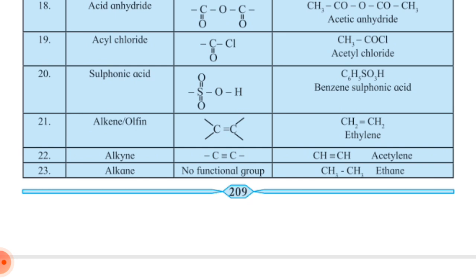Alkene or olefin, C double bond C, CH2 double bond CH2, ethylene. Alkyne, C triple bond C, CH triple bond CH, acetylene. Alkane, no functional group, CH3-CH3, ethane.